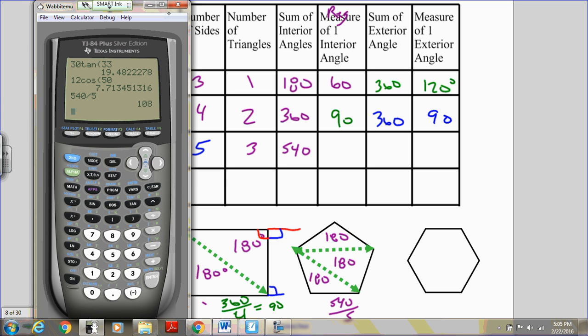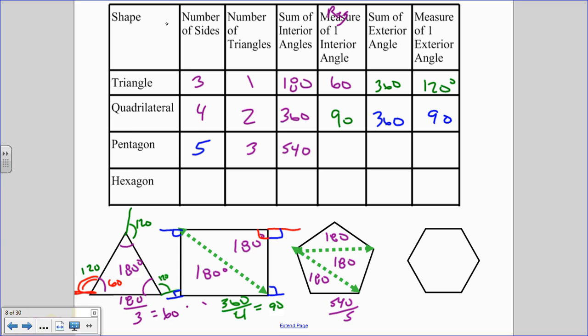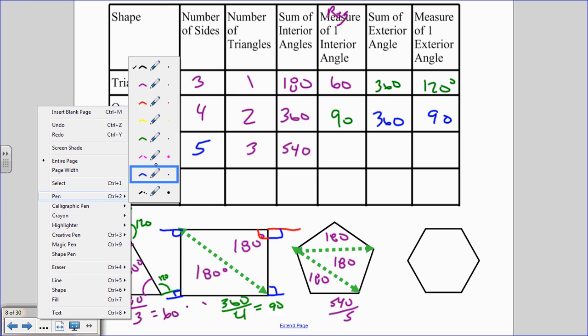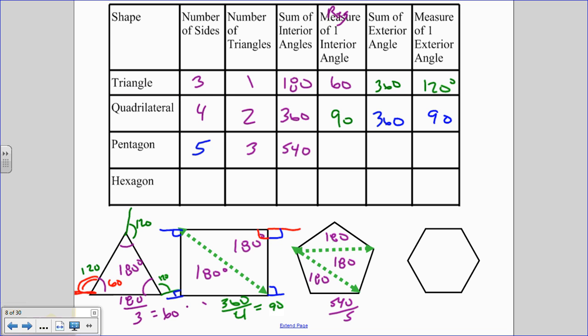You get 108. So each interior angle measures 108 degrees.